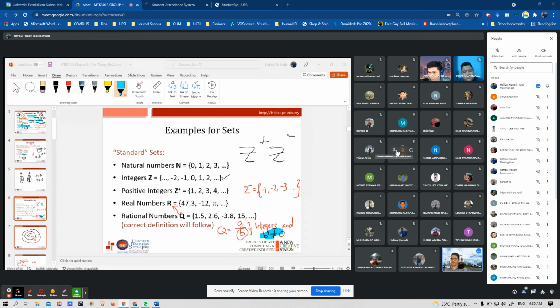In mathematics, a rational number is a number that can be expressed as a quotient or fraction a divided by b of two integers, a is the numerator and b a non-zero denominator.